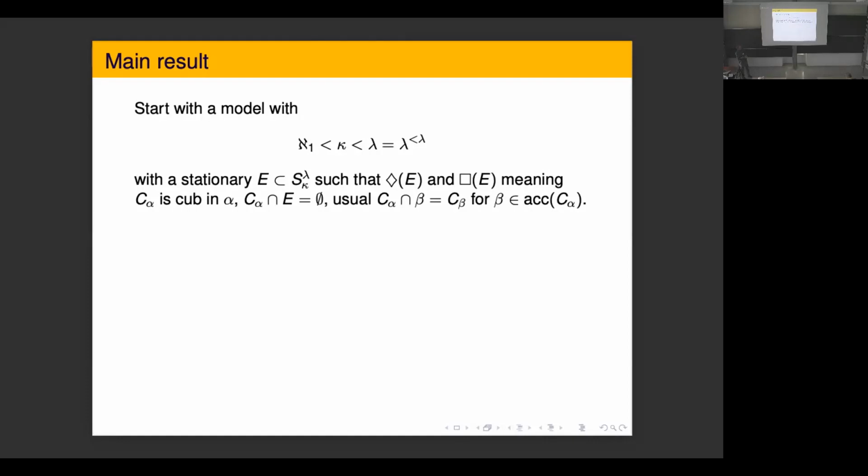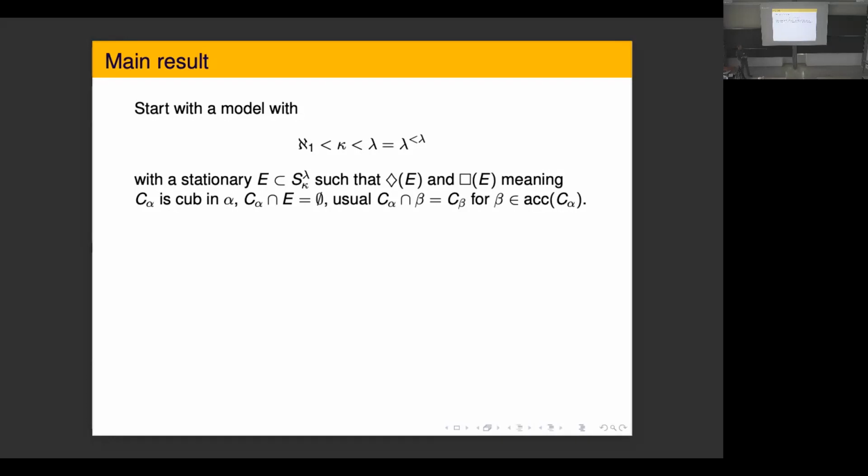So we start with a model where you have GCH and an arbitrary regular cardinal kappa, much less than the lambda that you want. You don't really need GCH, but GCH at lambda. You want a non-reflecting stationary subset of lambda consisting of cofinality kappa limits, because we're going to do a kappa by lambda array of posets.